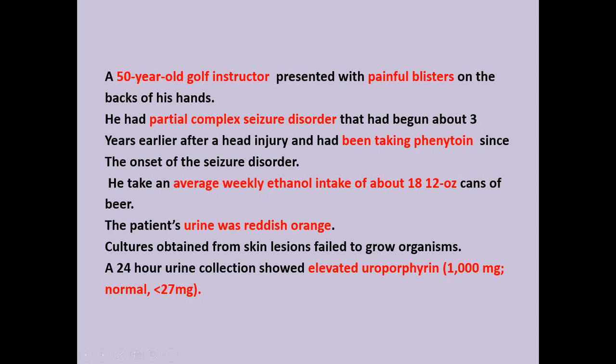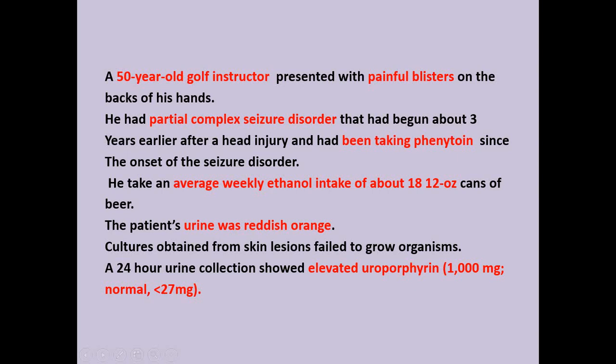As you see, this is a 50-year-old golf instructor. He spent most of his time in the sun, and under the exposure of sun, he develops painful blisters. He is also having a history of seizure, and for this, he has been taking phenytoin for a long time.